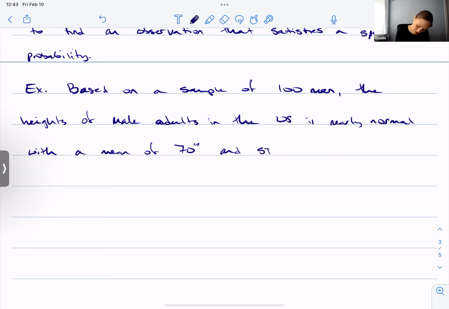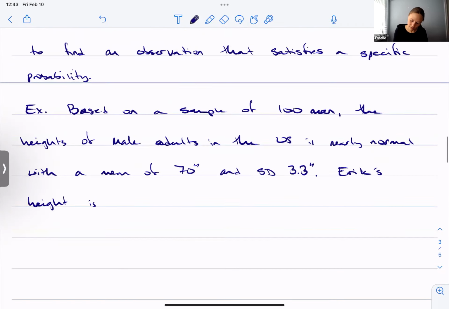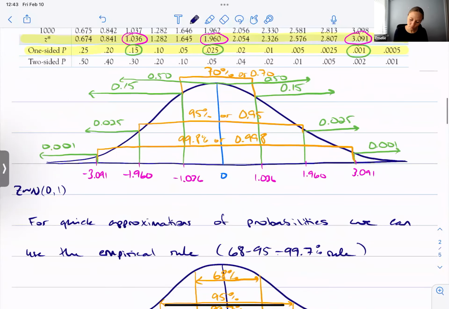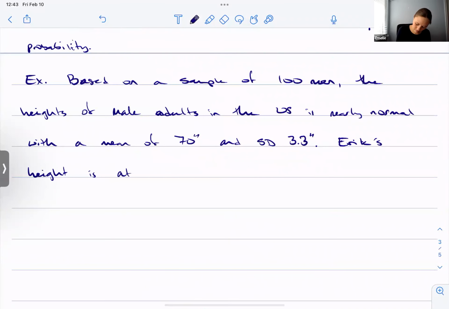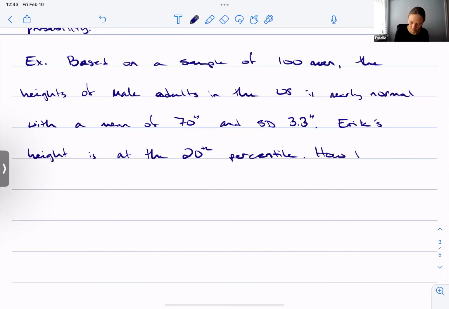And standard deviation 3.3 inches. Let's say Eric's height is at the 20th percentile. How tall is he?